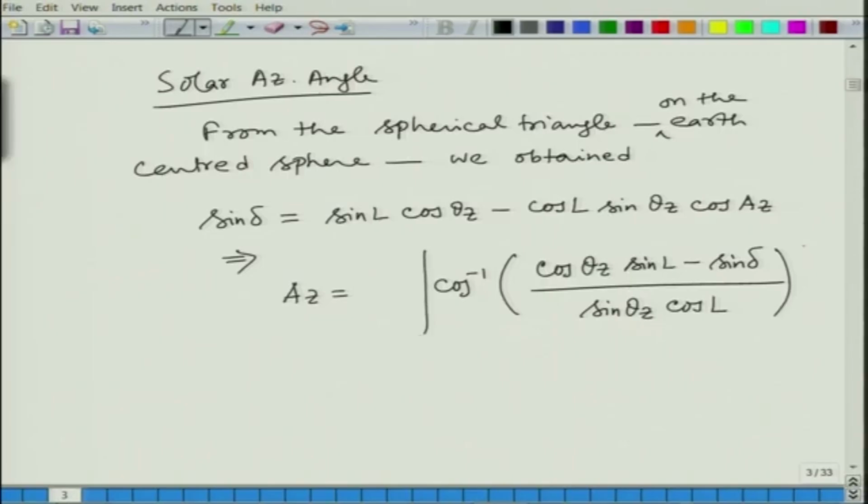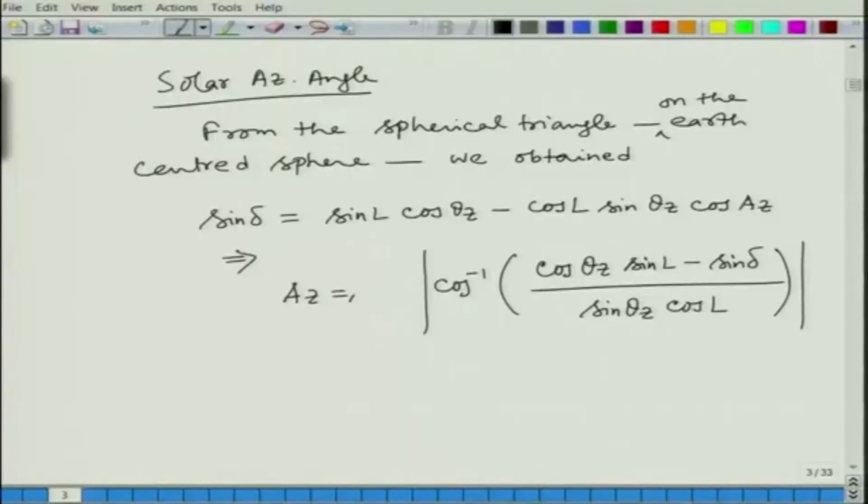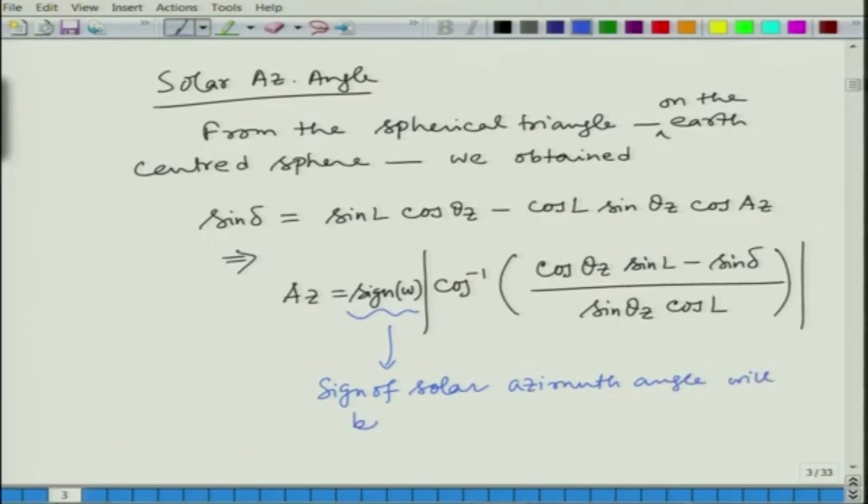So, this gives just the modulus or the value of it, and the sign will be the same as the hour angle. Okay. So, this means what? The sign of the solar azimuth angle will be the same as that of the hour angle.